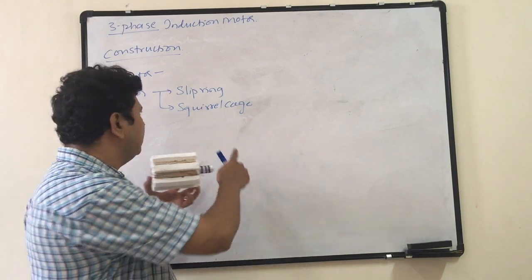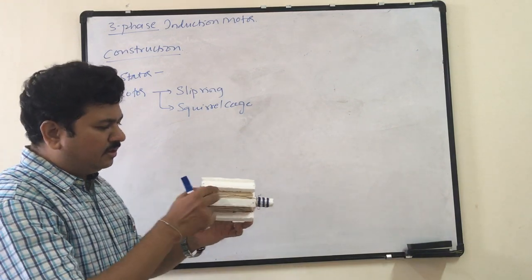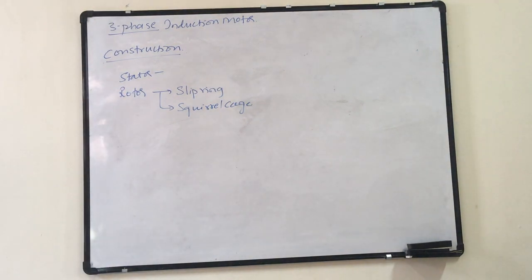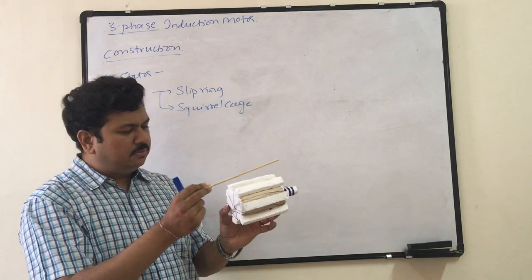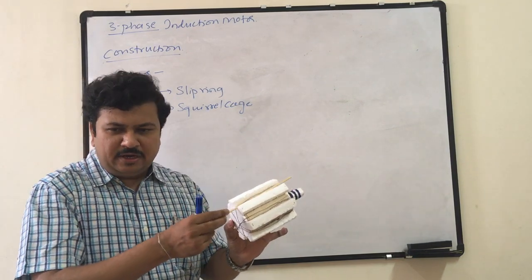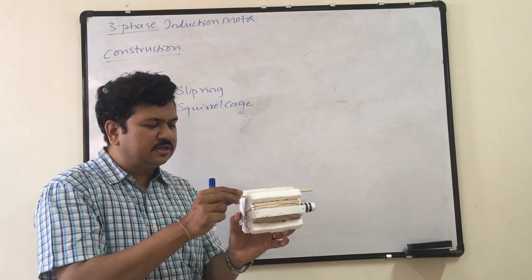Now in the second case, called squirrel cage, winding is not used. Instead I will be using thick copper bars. Let us take this as one copper bar. I will be placing this thick copper bar in the slot, and I will not be providing any winding over it.